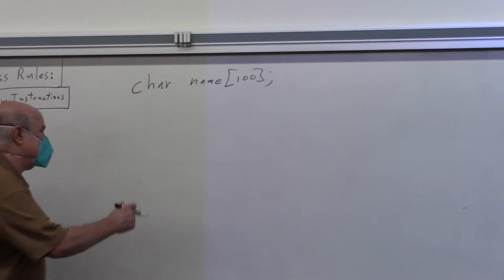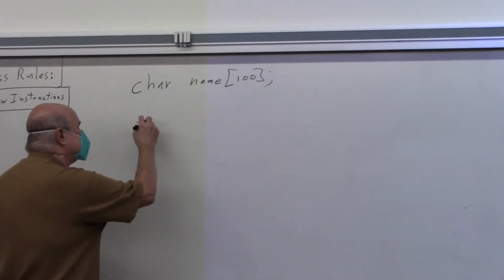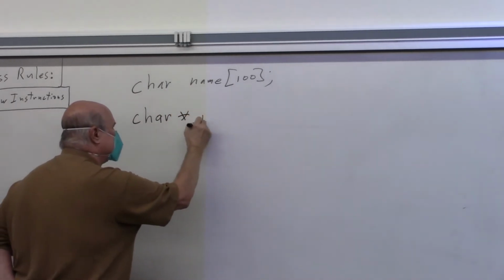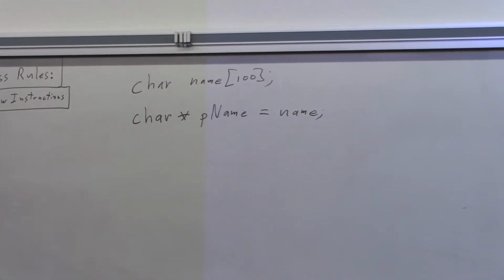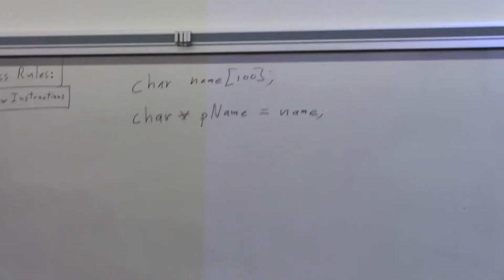When you have an array, if I use an array name and do not give it an index, it is by definition a pointer. Remember when I told you pointers and references are going to be important?